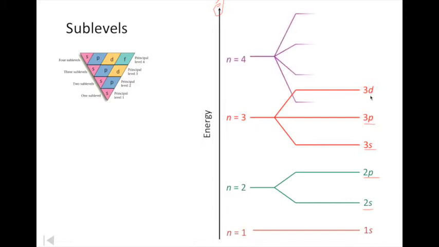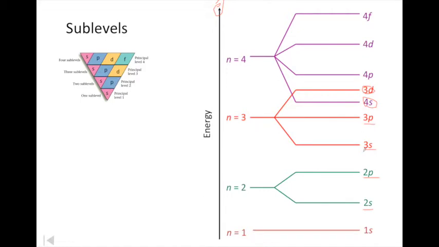The n equals 4 shell contains s, p, d, and f orbitals. Once we get further from the nucleus, to the fourth shell, the fifth shell, the sixth shell, the difference in energies between these orbitals gets smaller and smaller. It turns out, according to the quantum mechanical model, that the 4s orbital is lower in energy than the 3d.